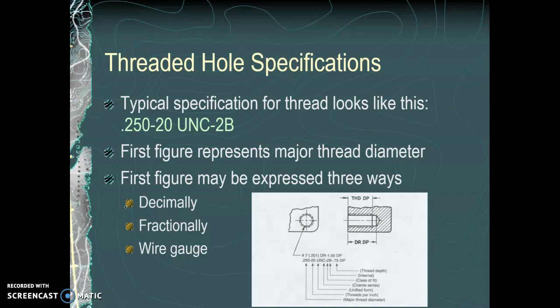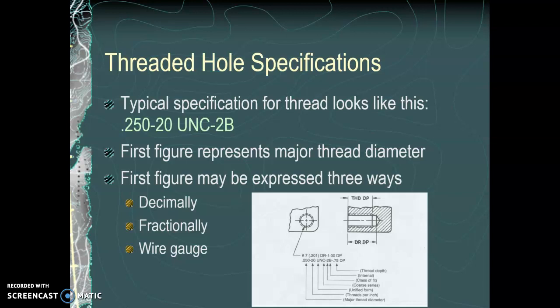For instance, here we have an example hole thread: 0.250-20 UNC-2B. If you don't know what any of that means, it just seems like a bunch of random letters and numbers. But there is a way to decode that, and that's what we're going to learn in this chapter.